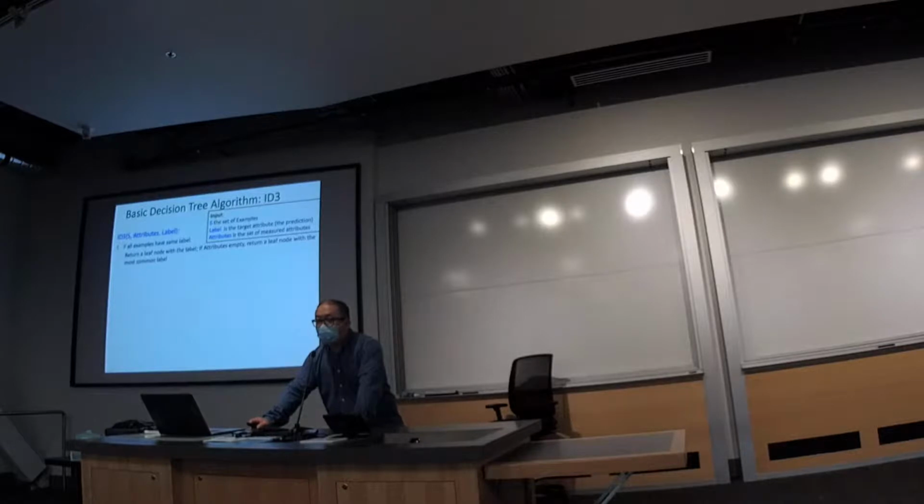So it's possible that you have used up all the attributes, meaning that this set is empty, and you still have mixed labels in your set. And then what should we do? We have no choice, right? We have to create a leaf node, and then we assign a label. But to be safe, we're going to use the most common label in S as our leaf node's label, right?